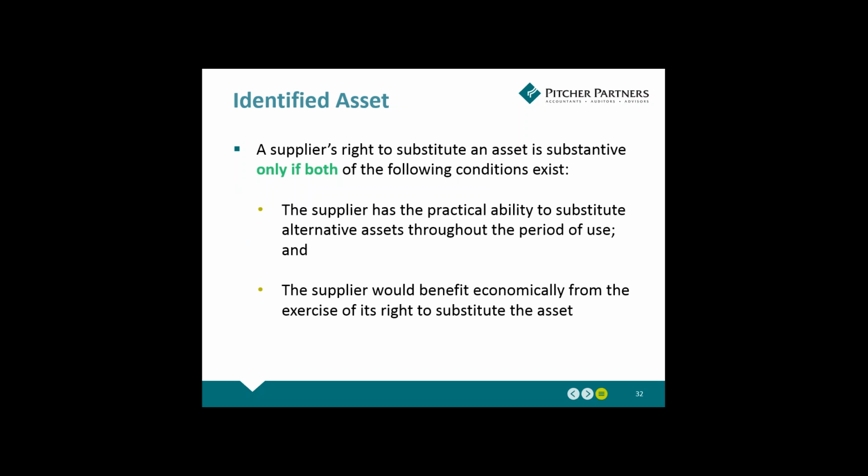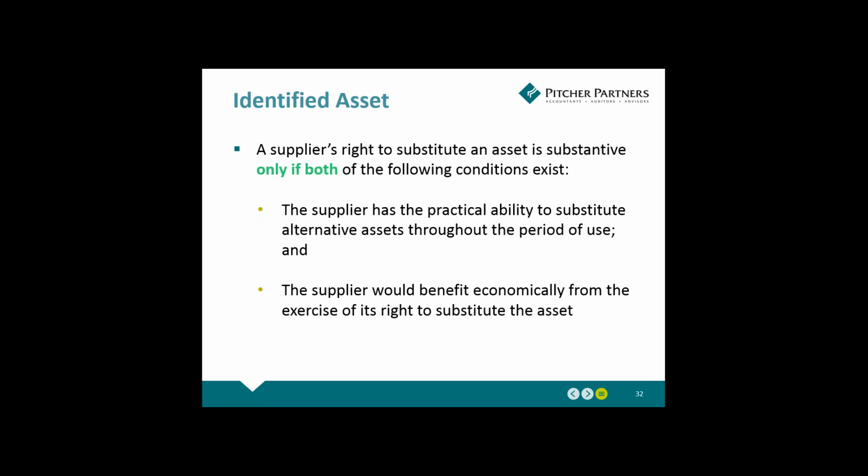And then they go further to say a supplier's right to substitute an asset is substantive only if both of the following conditions exist. So the supplier has the practical ability to substitute alternative assets throughout the period of use. So it's a practical ability, not just written into the contract. We can practically do it.